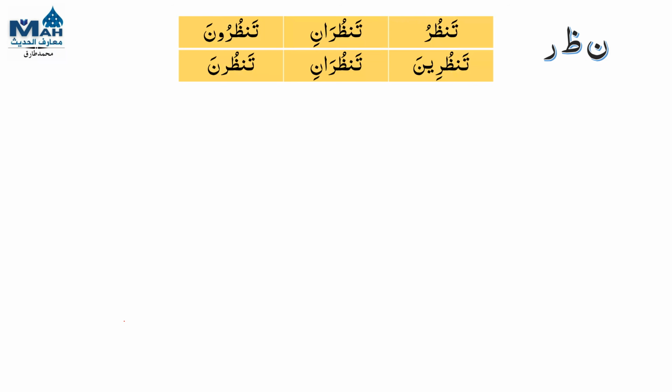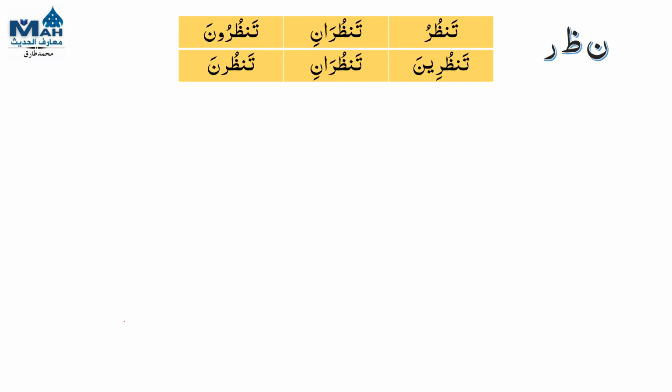Hadir. Very good. Second person, Hadir. Can you tell me the verb from the Hadir for all 6? Tandura, Tandurani, Tanduruna, Tandurina, Tandurani, Tandurna. Very good. MashaAllah. Excellent, my sister.